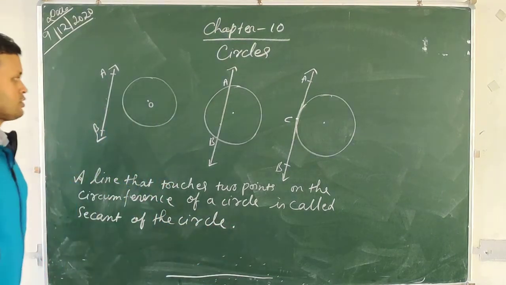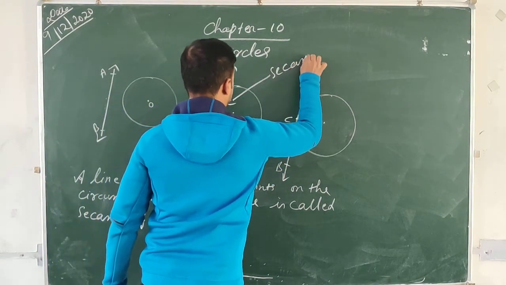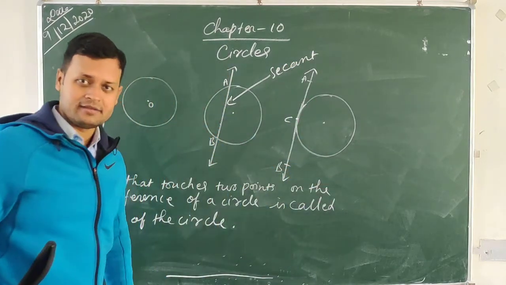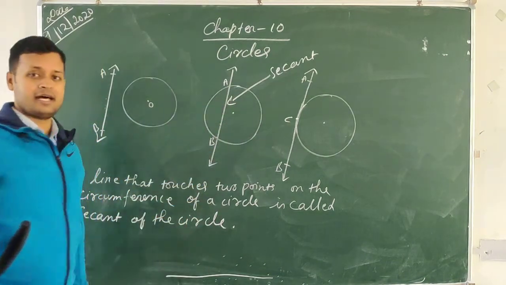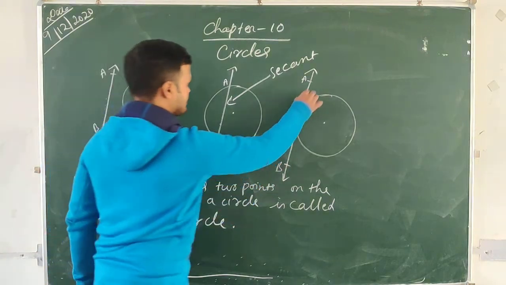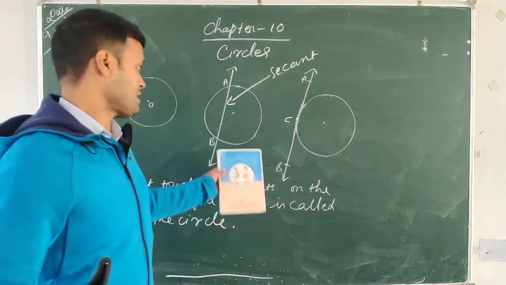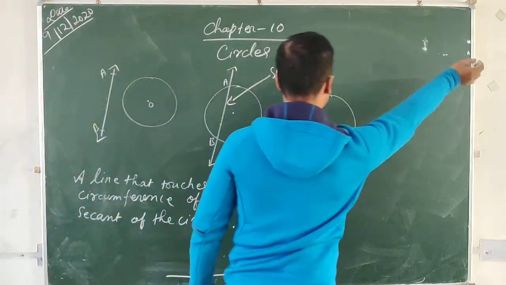So this will be the secant. What is a secant? A secant is a line that touches 2 points on the circumference of a circle. And a line that just touches the circumference of the circle at 1 point, then this will be called the tangent.